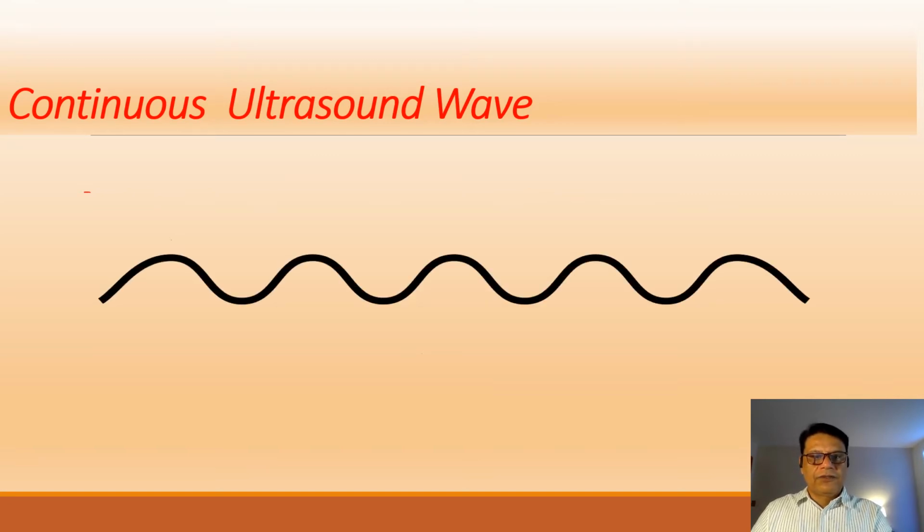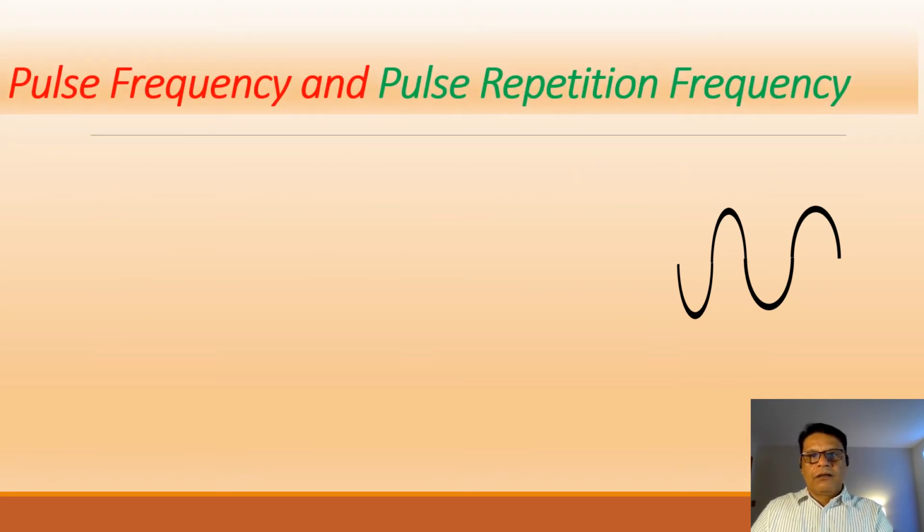So this is an example of continuous waves, there is no break. Now we will discuss the difference between pulse frequency and pulse repetition frequency. So this is a pulse, and the distance between two consecutive crests or two consecutive troughs is called wavelength.